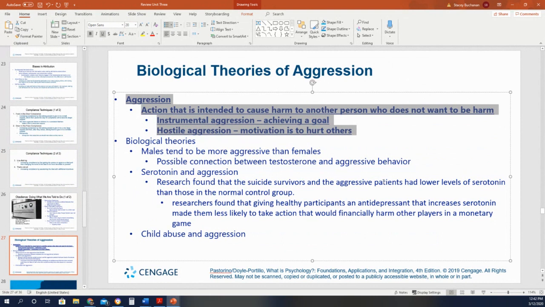But within aggression, there are two types, and these two types are very important. So instrumental aggression is just aggression for achieving a goal, while hostile aggression is when you're motivated just to injure or hurt others, emotionally, physically, or otherwise.